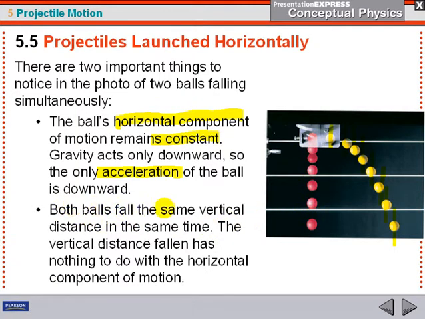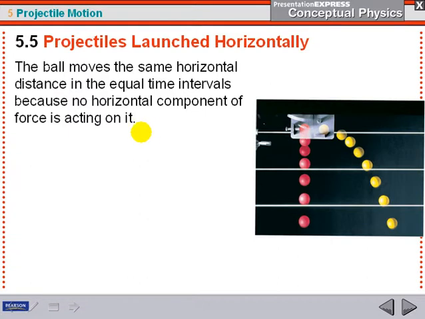So both balls are going to fall the same vertical distance in the same time. They will hit the ground at the same time. And this tells us that the vertical distance falling has nothing to do with the horizontal component. The only difference between the red ball and the yellow ball is that the yellow ball was pushed a little bit horizontally, but they're both going to hit the ground at the same time.